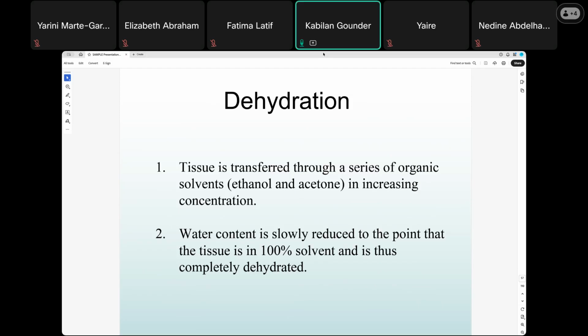That is the stage we call the completion of the dehydration process. Going slowly from lower to higher concentration will preserve your samples without affecting anything. The water content is slowly reduced to the point that the tissue is in 100% solvent, and that is what we call dehydrating your samples.